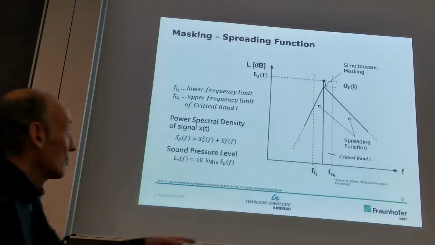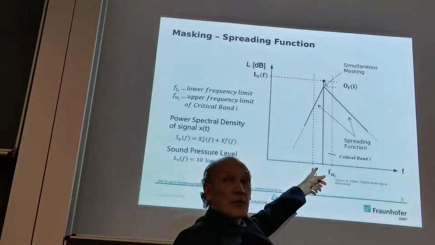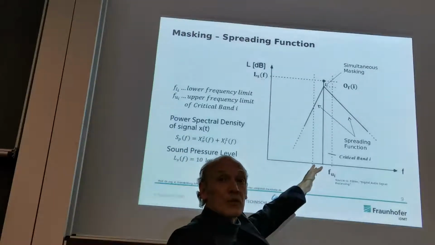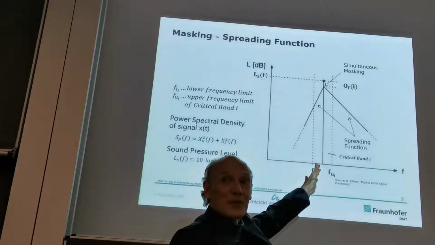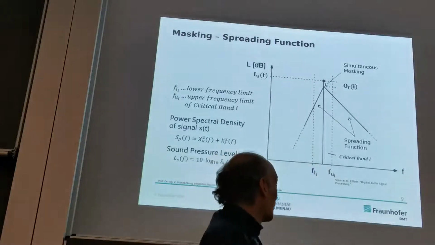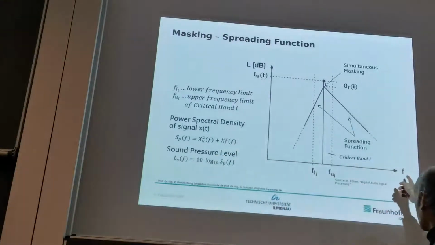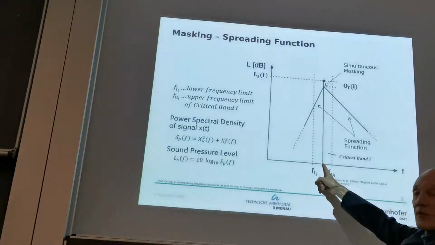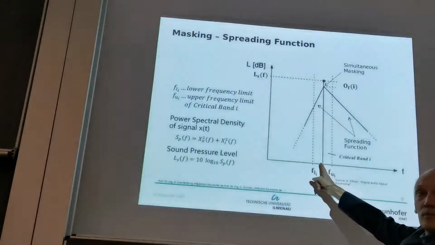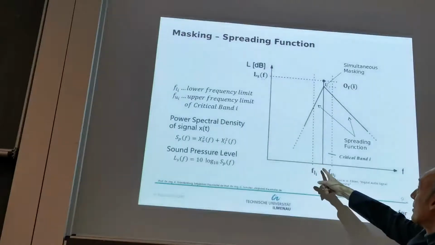Right. So you should have also seen this when you looked at the psychoacoustics. Right? Remember the spreading function and frequency? So here's the frequency scale, right, f, and here we have a tone, which appears as a peak in frequency at this given frequency. Right?